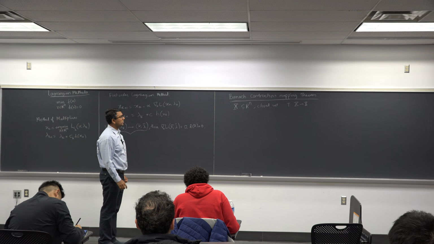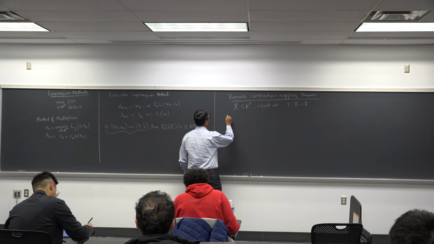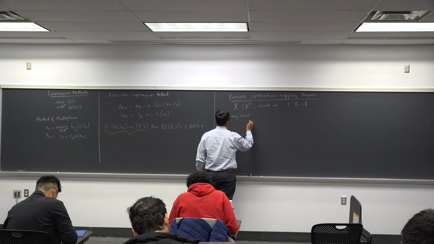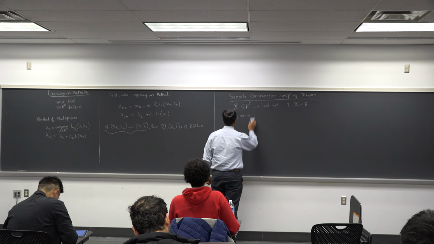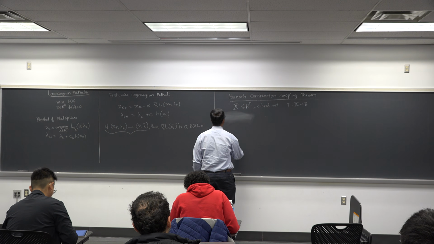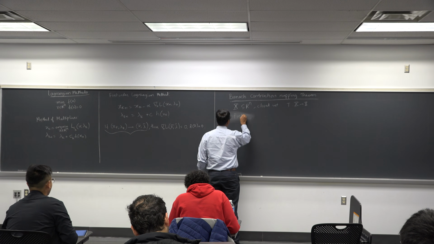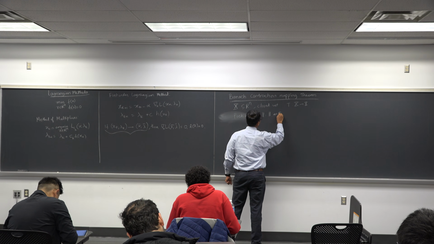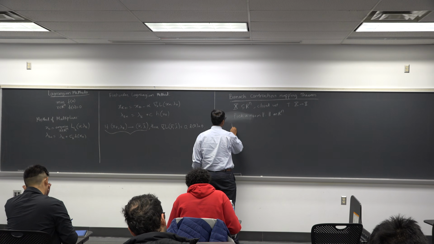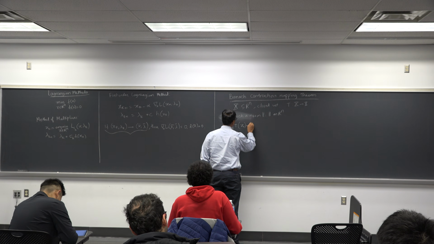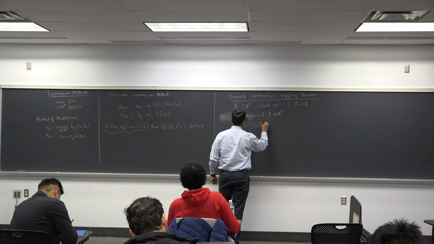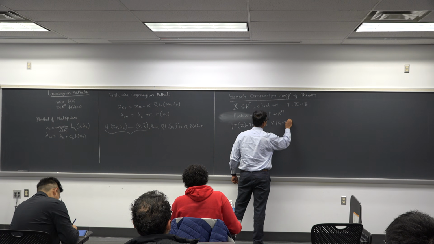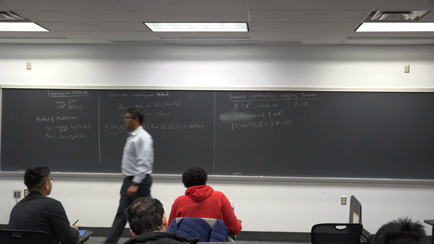And this one satisfies a very specific property. So pick a norm on Rn, and T satisfies: norm of T of x1 minus T of x2 is less than or equal to gamma times norm of x1 minus x2.